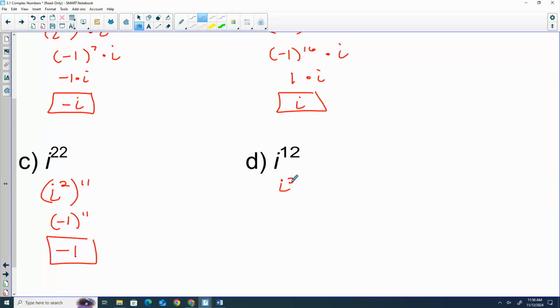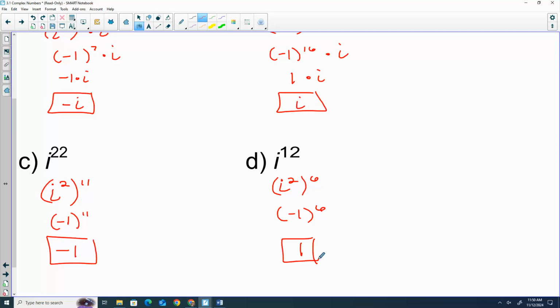How many groups of 2 can you make? Any leftovers? No. So i squared is negative 1. If you have negative 1 to the 6th power, so an even number of negatives, you get positive 1. Alright. Are there questions on this?